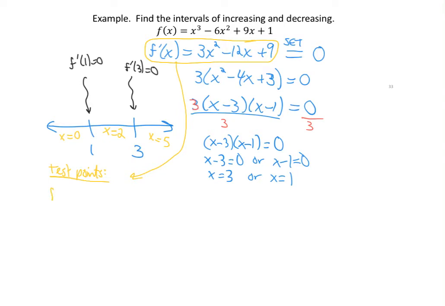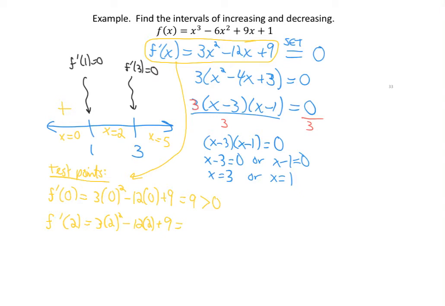So f prime of 0 is 3 times 0 squared minus 12 times 0 plus 9. That ends up being positive. So we have a positive derivative to the left of 1. Next, I'll try f prime of 2. So I'll plug in 2 for x.